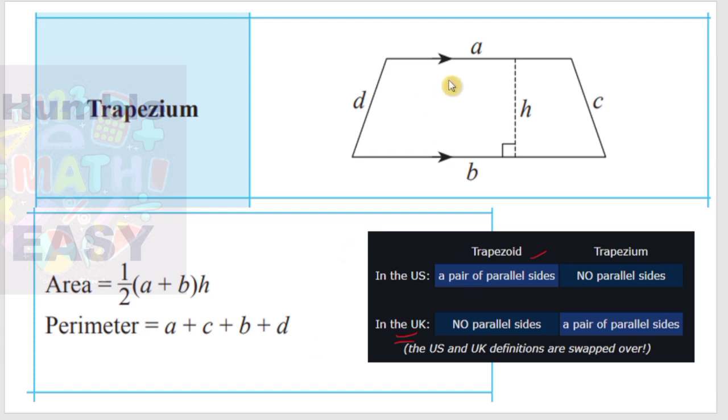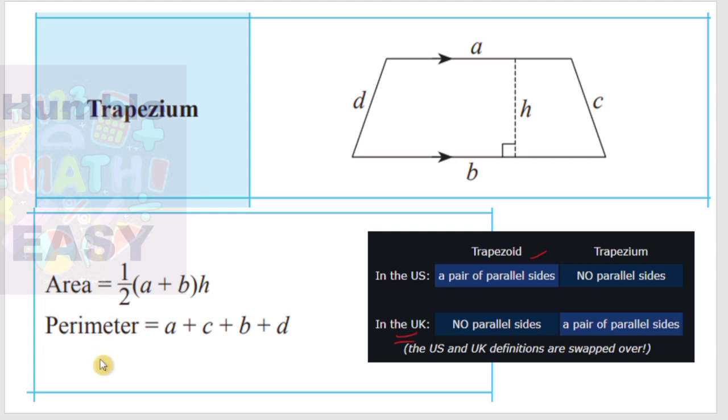If we base our figure on a pair of parallel sides, it is called a trapezium. So our example figure is for the UK educational system.